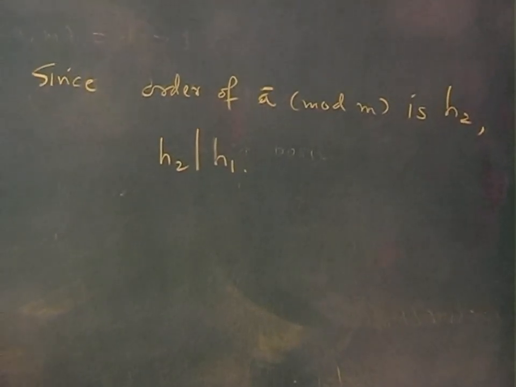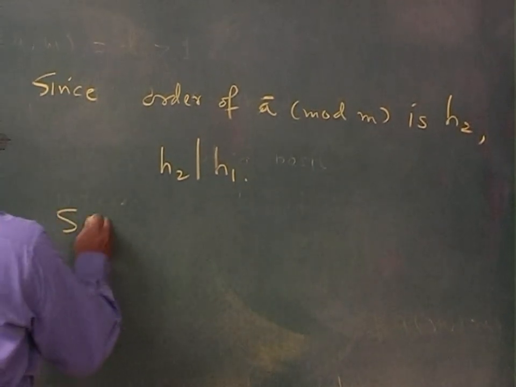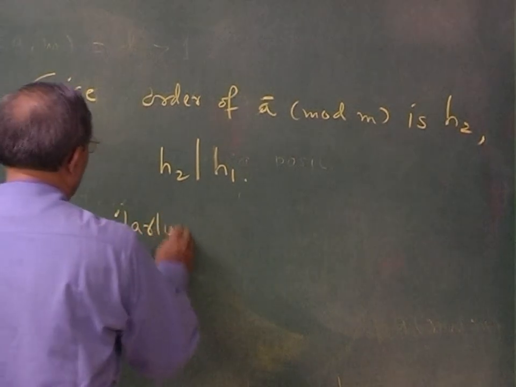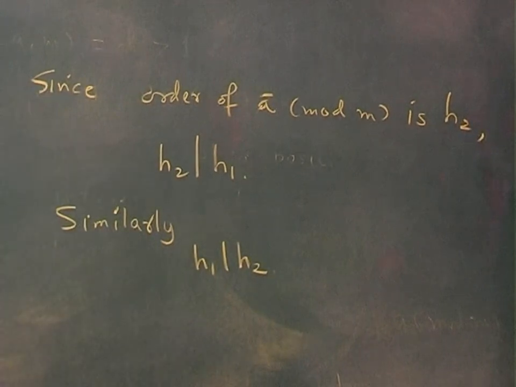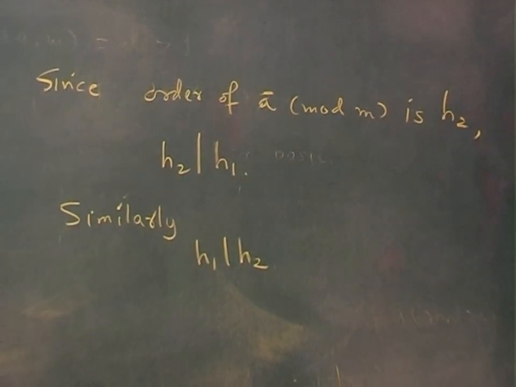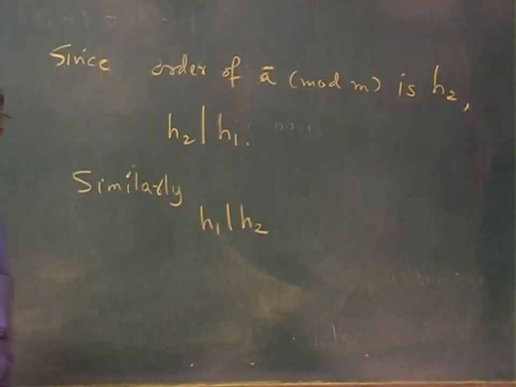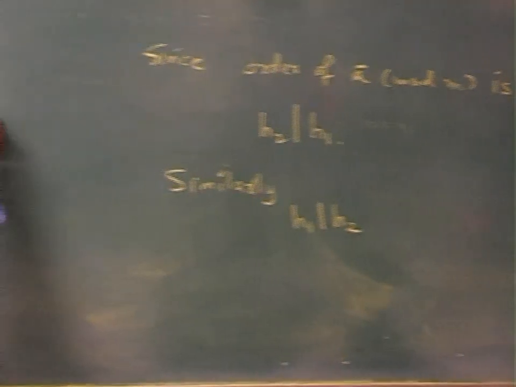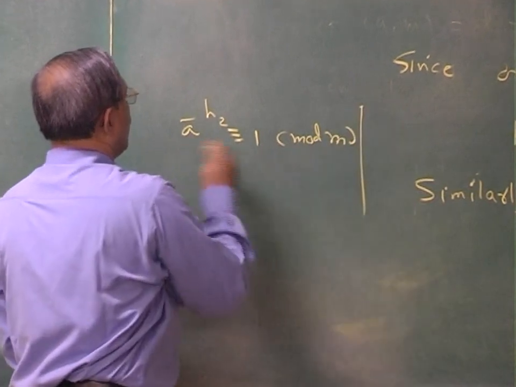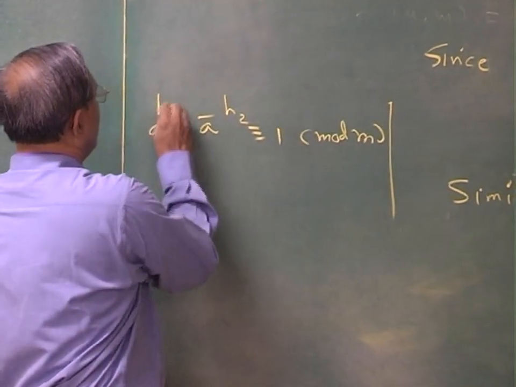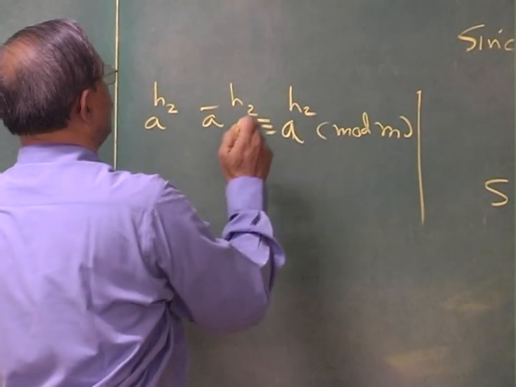And in a similar way you can prove h1 divides h2. Similarly, h1 divides h2, because you start with a bar raised to h2 congruent to 1 mod m, and then multiply both sides by a raised to h2. Here also you get a raised to h2.